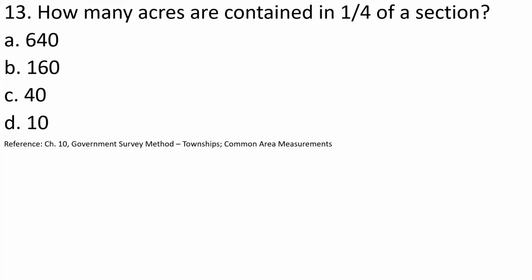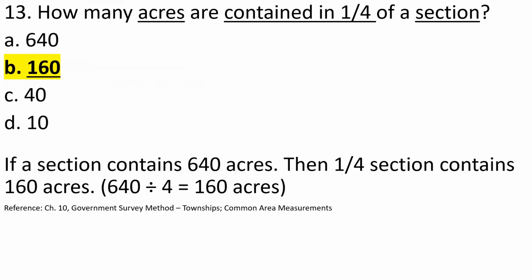Number 13, how many acres are contained in 1/4 of a section? Well, this could also go as a math question, although we're not doing math here, but I want you to understand this concept, very simple. Whenever you see a question like this that has a fraction, you will start with 640, and you will divide that by the denominator.